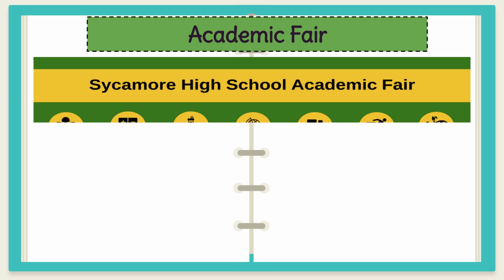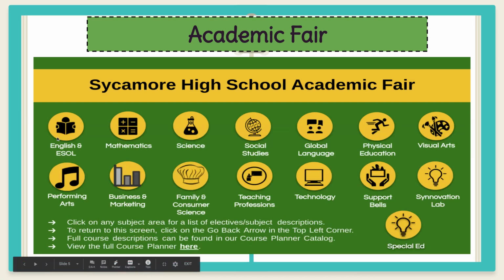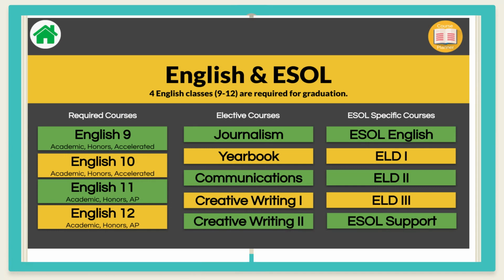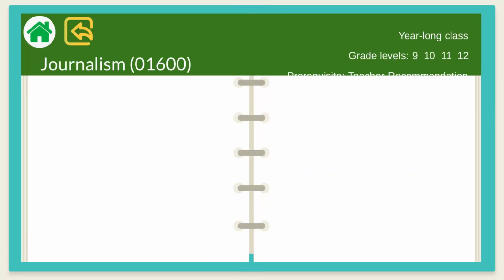But if you have not, as an example, if you were to select English and ESOL here in this top left corner, it's going to show you all of the courses that are available in our English department. In this case, I'm going to select journalism. If I select journalism, it will then give me a description of the course.